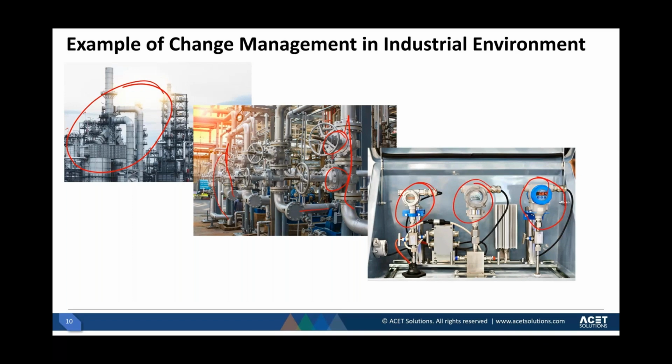So this field instrumentation is basically sensors or controllers that are connected with the actual plant process to either monitor the different parameters of the plant process, or, if there are any control devices, to control the plant itself.